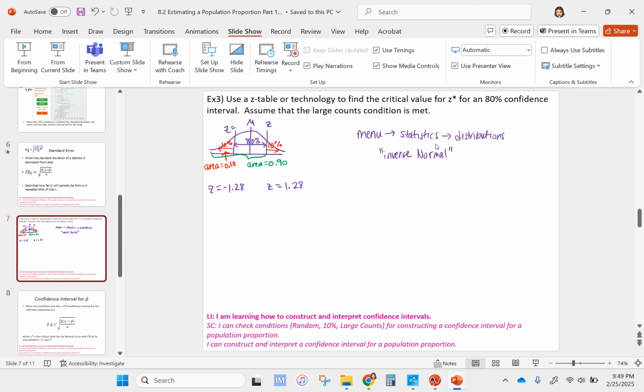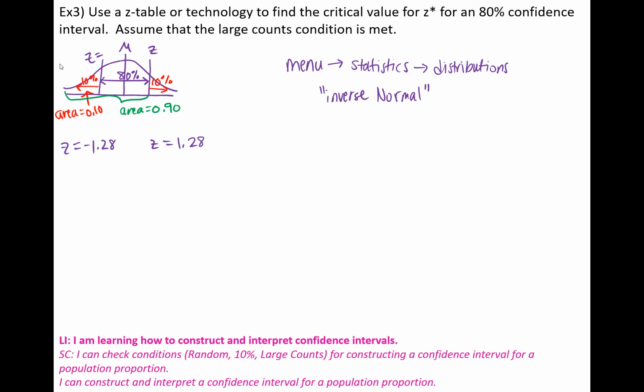All right, so let's pop back to this so we can jot down what we just saw. So again, using that command of inverse normal, what we type into the calculator is 0.1, then what they already had for us was 0 and 1. And just to make sure we're clear on what those numbers mean, this one is our area under the curve.